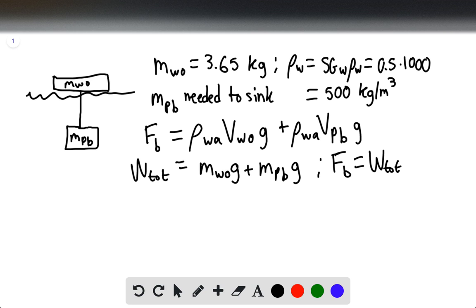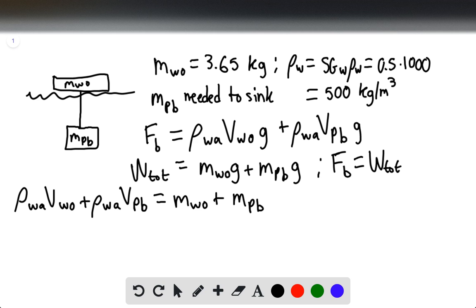And we can eliminate all of these gravity terms because the gravity term is present in every single one of these terms. So we can simply say that the density of water times the volume of the wood plus the density of the water times the volume of the lead is going to be equal to the mass of the wood plus the mass of the lead.